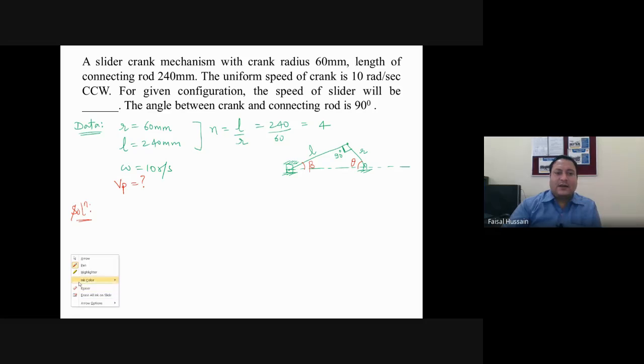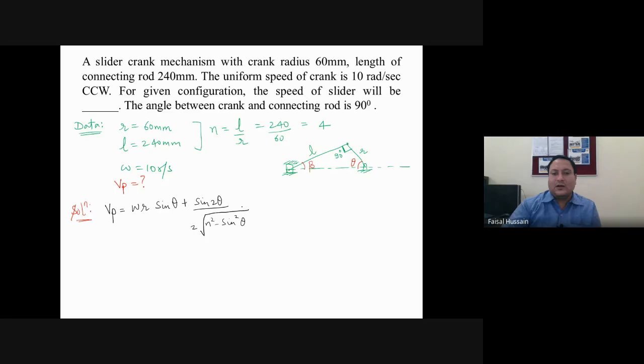Now, for determining the velocity of piston or velocity of slider, you should know the equation of velocity of piston. So, what is the equation? Omega r, then sine theta plus sine 2 theta upon twice under root n square minus sine square theta.